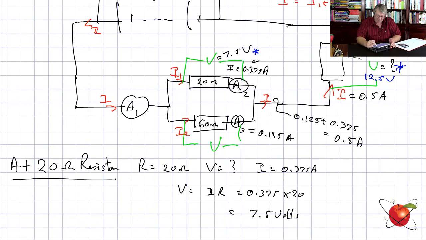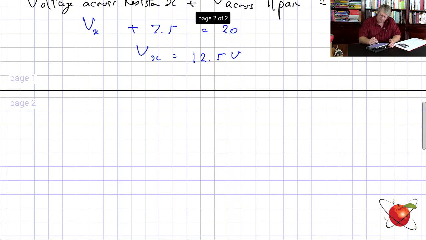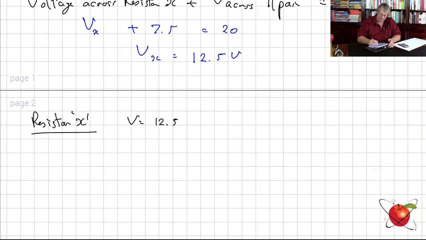Now let's go back to resistor X. What do we know? We know the current I is 0.5. We know V is 12.5. So we can now work it out. V is 12.5, I equals 0.5, therefore R equals unknown, and in this case that is X. So 12.5 equals 0.5 times Rx.